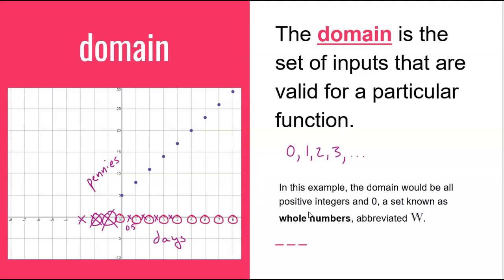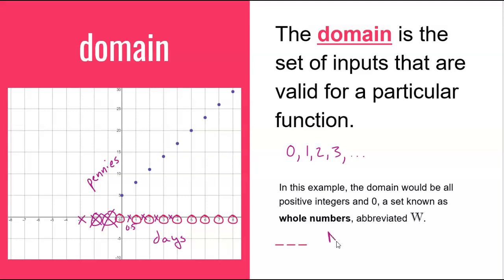And down here there's a note about the domain would be all positive integers and zeros known as whole numbers, which is abbreviated capital W. I won't be testing you on that in this class. You don't need to remember the names of sets, but just so if you see this sometime in the future, mathematicians do tend to write sets of numbers this way.